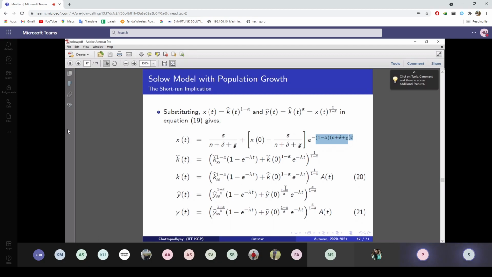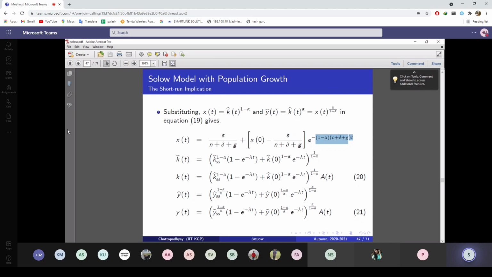From equation number 21, another important thing to note: once the system reaches the steady state, equation number 21 boils down to y_t equals (ŷ_ss)^((1-α)/α) multiplied by A_t.